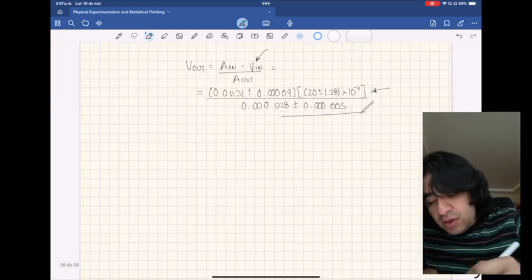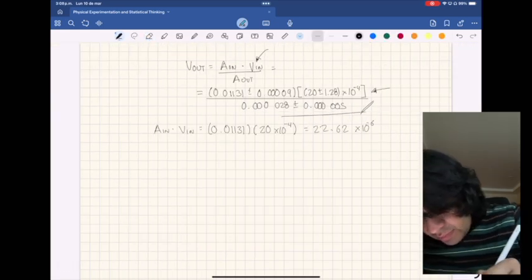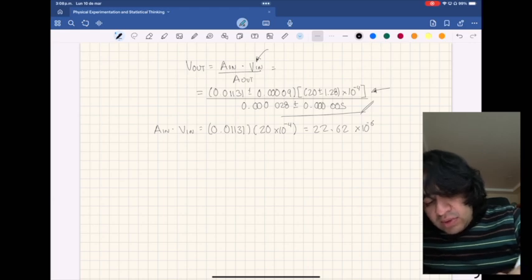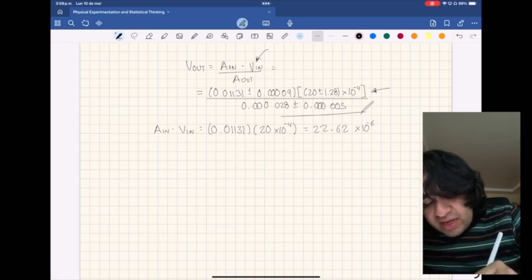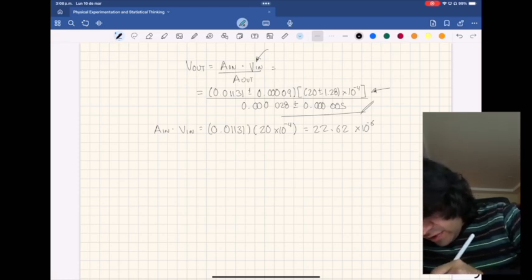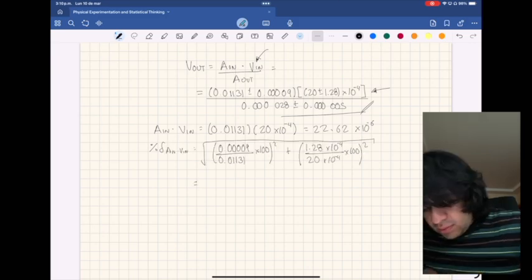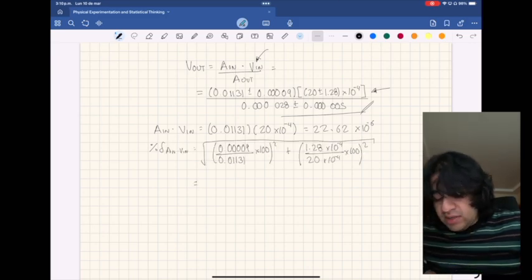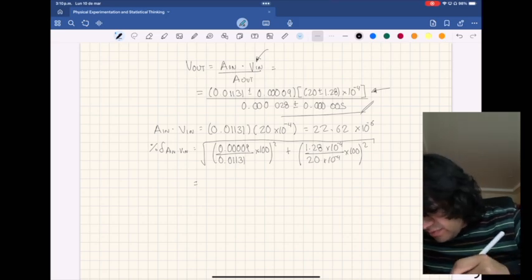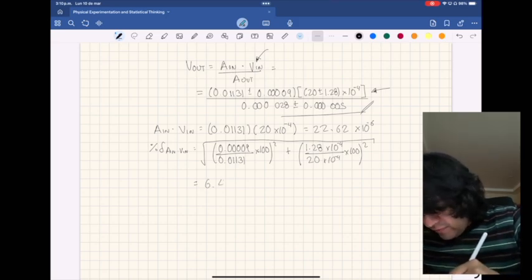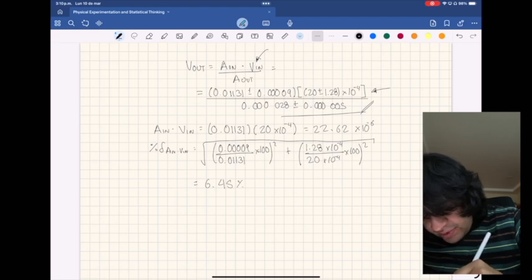So our main measurement is 22.62 times 10 to the power of minus 6. And for the uncertainty of this quantity, we obtain that the percentage uncertainty for the first term is 6.45%.